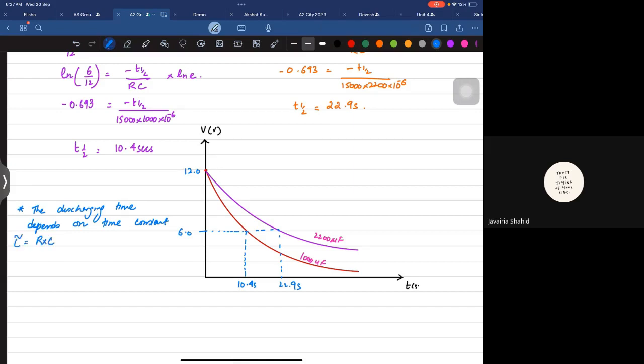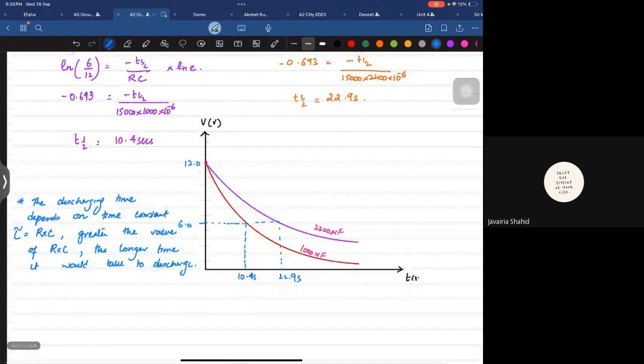You had the same resistances, but as you can see, the greater the value of R times C, the longer time it would take to discharge.